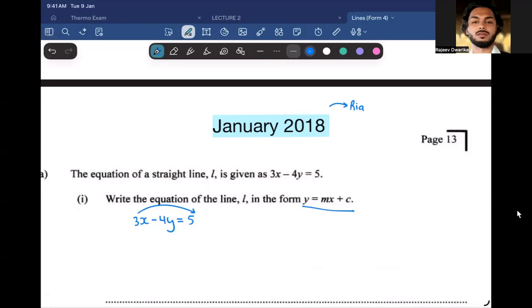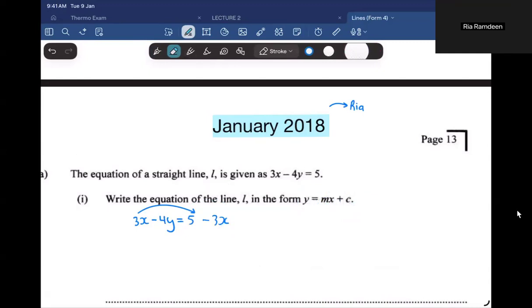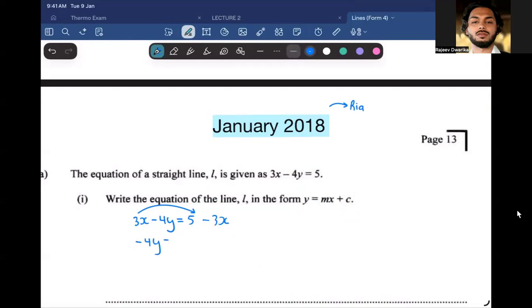It doesn't matter, but if you want to get it in this form, you should put it after the 5, because in the form, mx comes first. So the second one. All right, I'm going to write back minus 4y, and tell me what to write in the next slide.